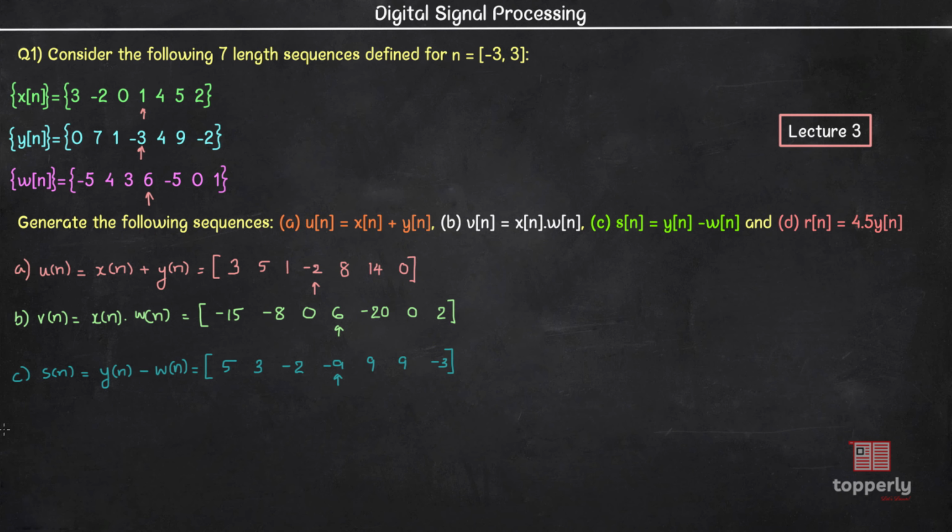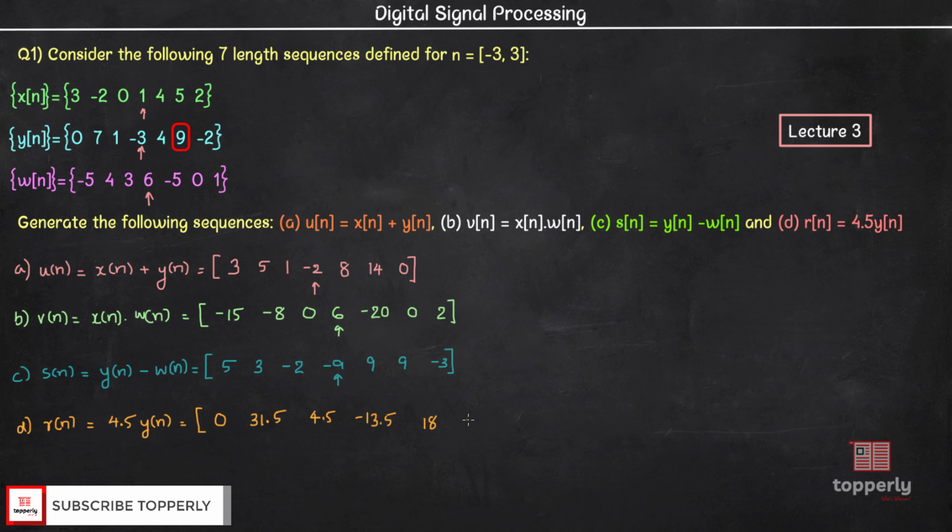Now lastly we have r of n equal to 4.5 times y of n, which is equal to 4.5 into 0, which is 0, 4.5 into 7, which is 31.5, 4.5 into 1, which is 4.5, 4.5 into minus 3, which is minus 13.5, 4.5 into 4, which is 18, 4.5 into 9, which is 40.5, and finally 4.5 into minus 2, which is minus 9.